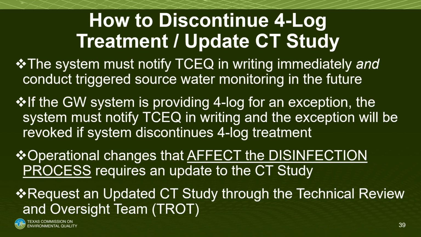Say you opted in and said, okay, I want to do 4-log treatment instead of triggered source monitoring, but once you get into it, the extra staff time and the chemical, whatever you need to do, becomes a burden. And you're like, well, I'm not even getting any positives, so why am I doing this extra treatment? You can get out of it. If you opted in, you can opt out, but you just have to put that in writing for us.